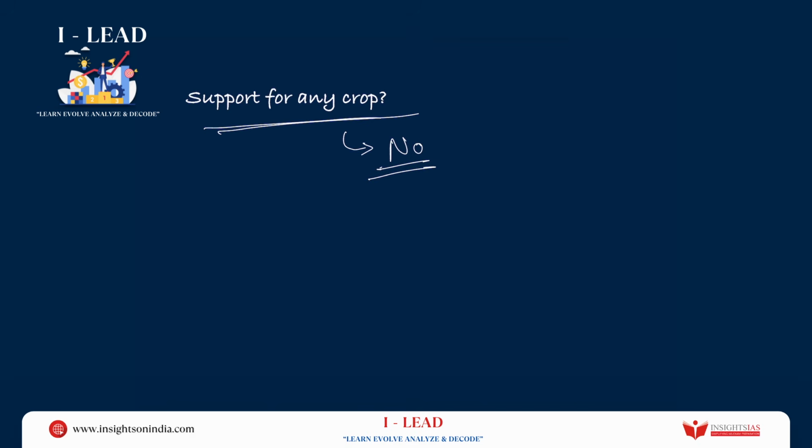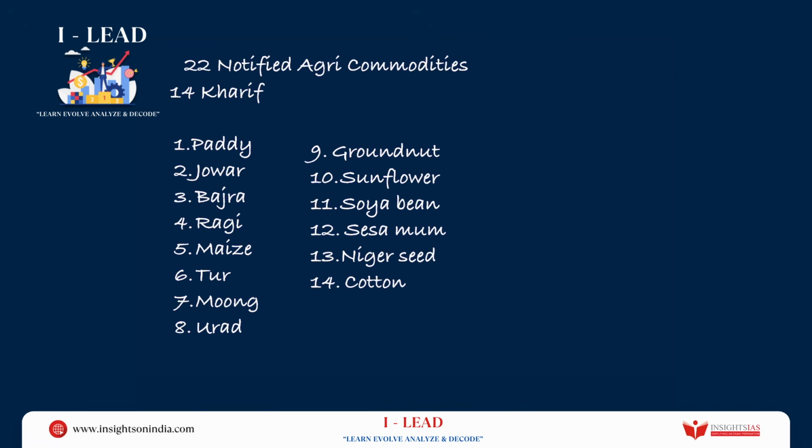Fine, sir, we understood that it does not guarantee for every crop. But what are the crops it guarantees? See, there are 22 notified agricultural commodities or agricultural crops for which the MSP is guaranteed. In that 22, there are 14 kharif crops. So what are these 14 kharif crops? The first one is paddy, very important.